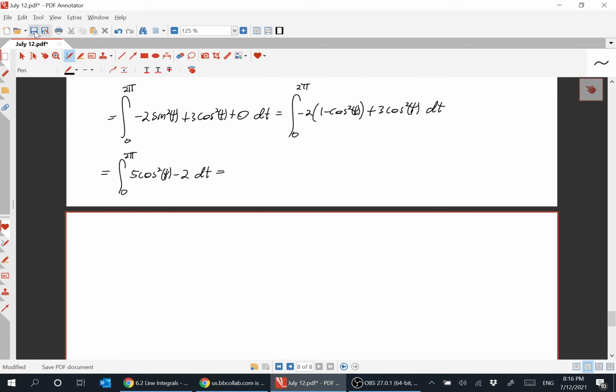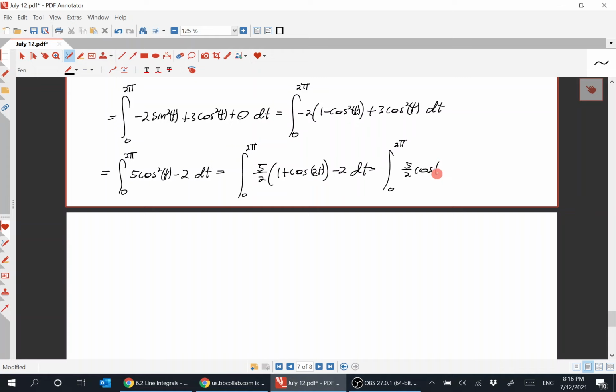For the antiderivative of cosine squared, we use that double angle formula. So this is 5 halves times 1 plus cosine 2t, minus 2. So it's the integral from 0 to 2 pi.